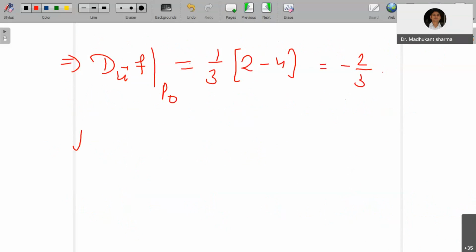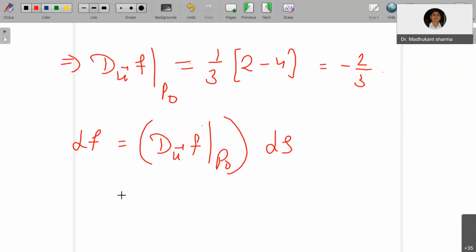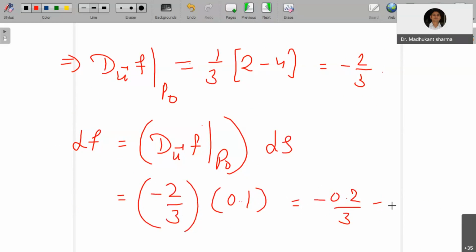So we know that df is nothing but Duf at P naught times ds. So that's going to be minus 2 by 3 into ds, which was 0.1 unit as mentioned. So it's going to be something like minus 0.2 by 3, so it's going to be minus 0.06666 approximately.